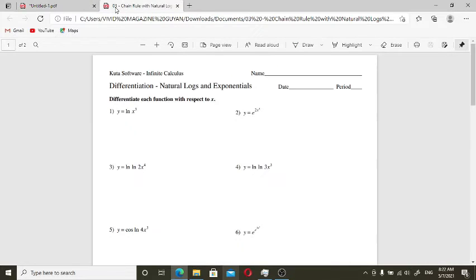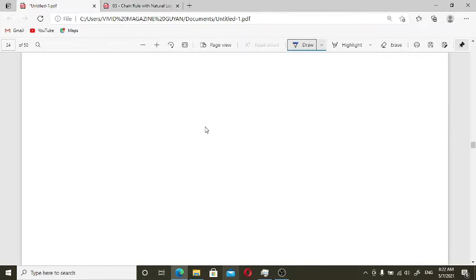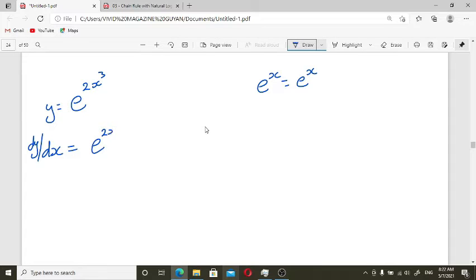So this one is e raised to the 2x cubed. Now this seems scary when you look at it first, right? So writing back again, e to the x, when I differentiate, I'm going to have e to the x. So dy upon dx, you write back what you were given, e to the 2x cubed, and then of course you differentiate what's there.